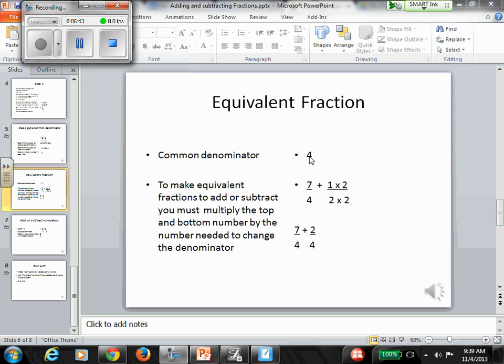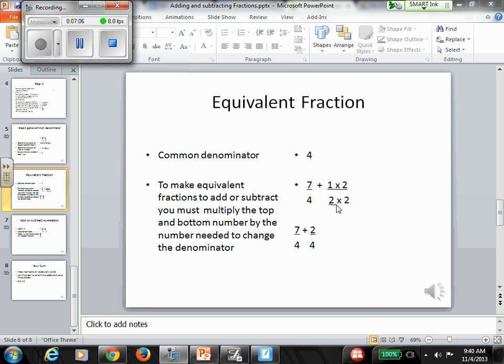We need to turn the fractions into fractions that have a 4 for the denominator. The 1/2 needs to be turned into an equivalent fraction with the denominator of 4. If we recall from our equivalent fractions, we must multiply the top and the bottom times the same number.